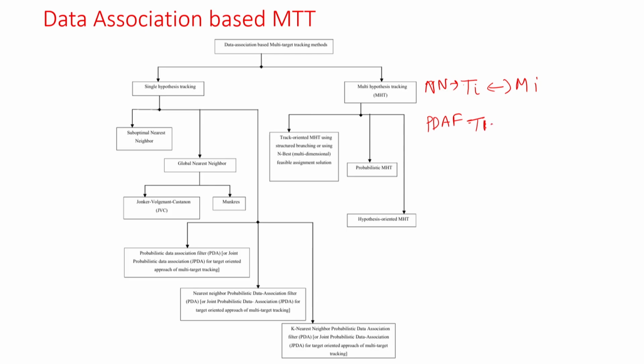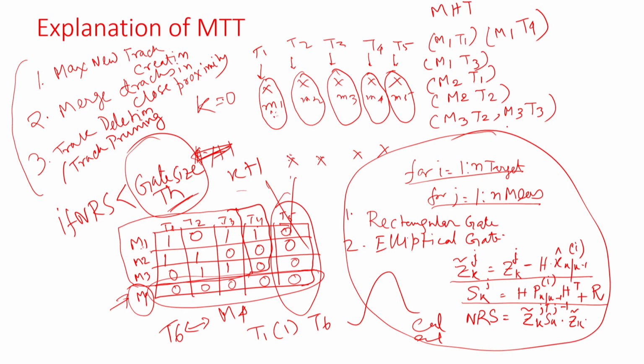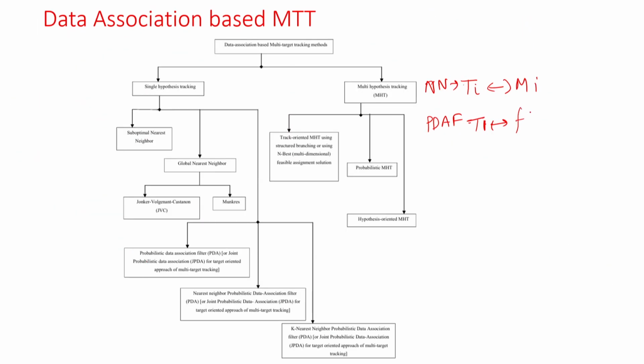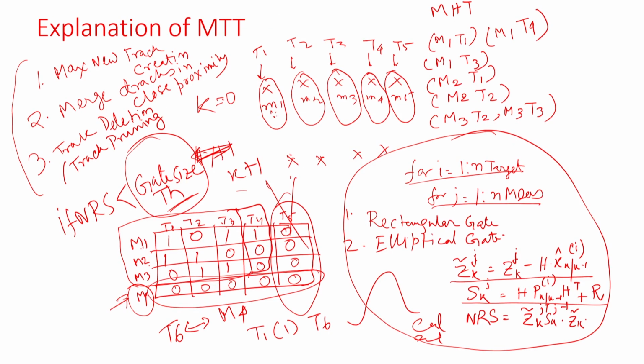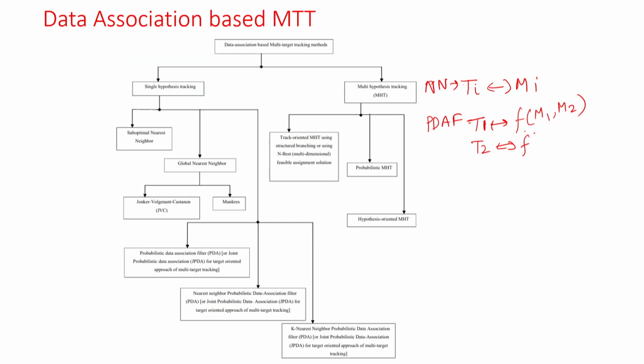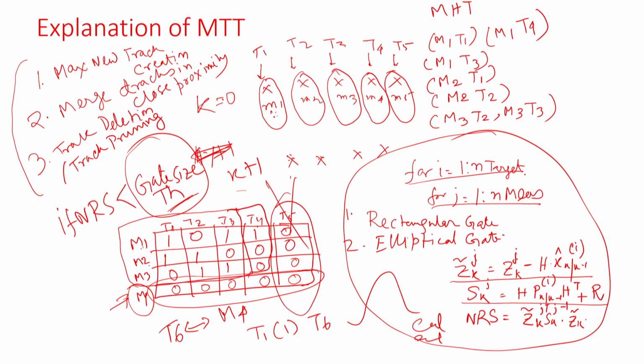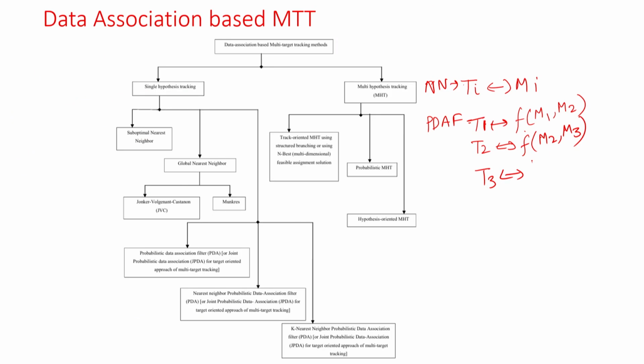Let me go to this example. T1 got M1 and M2, so I will make T1 a function of M1 and M2. T2 I will make a function of M2 and M3. T3 I will make a function of M1 and M3.